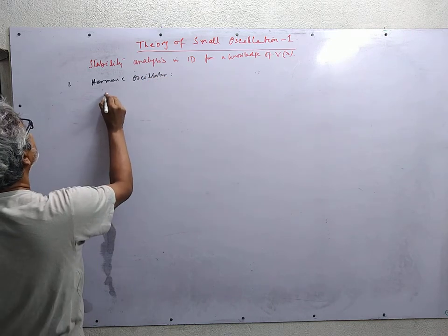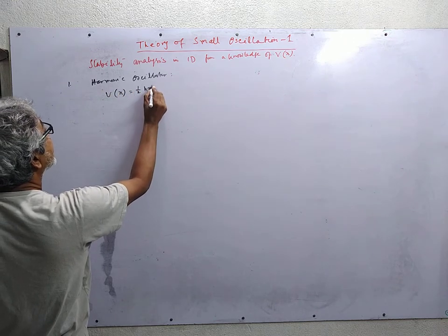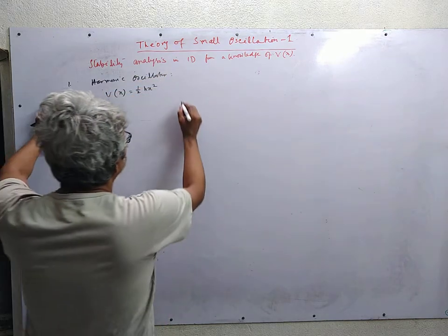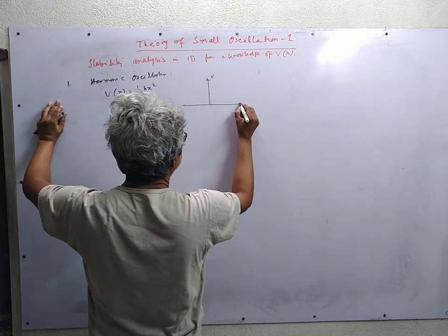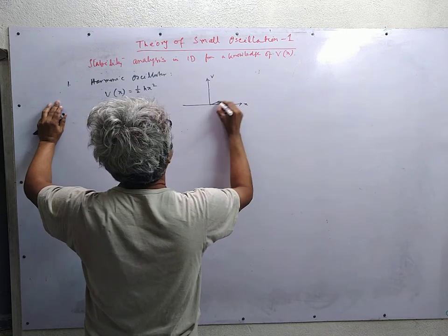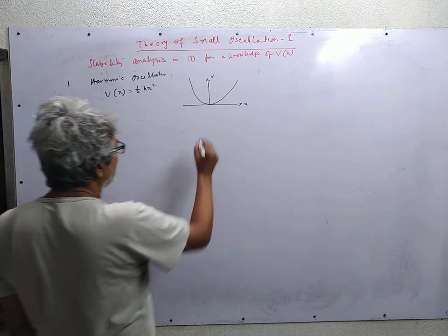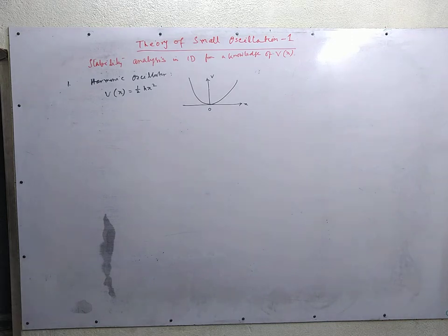We know that for the harmonic oscillator, the potential is half kx square. Then the graph of the potential is like this. It is V of x, and this is x, and we know that it is a parabola. From the graph, it is evident that x equal to 0 corresponds to a minimum of the potential, and as per the theory that we have presented, the potential must have a minimum.